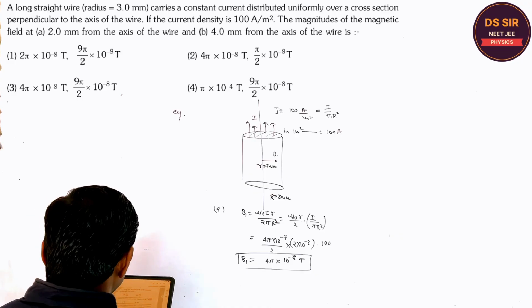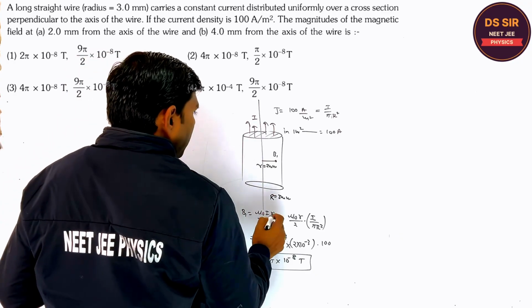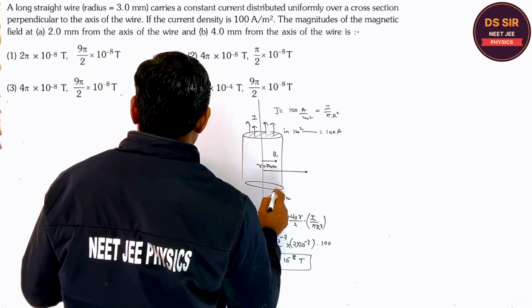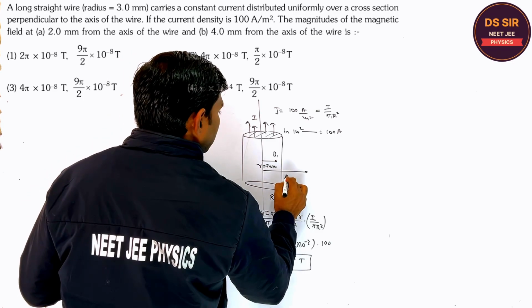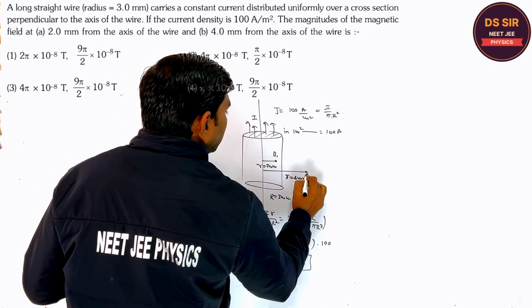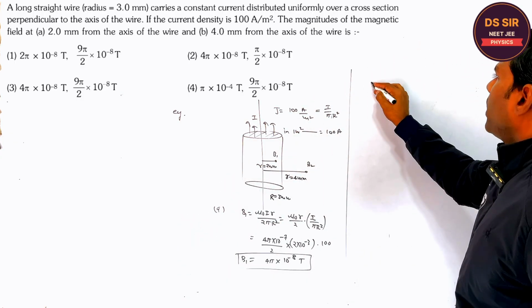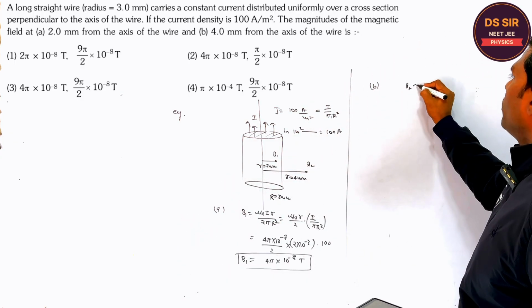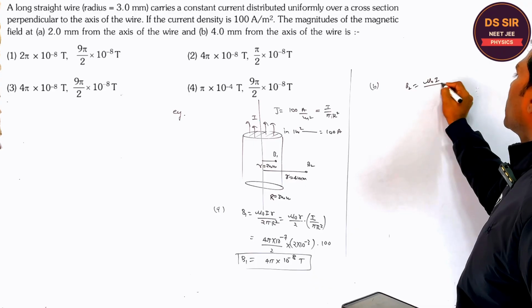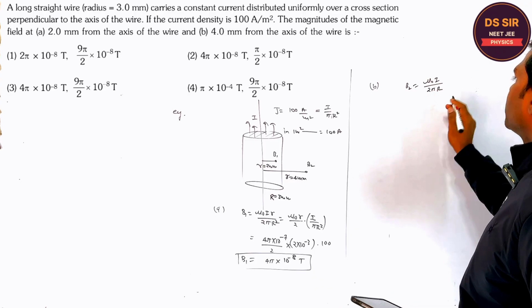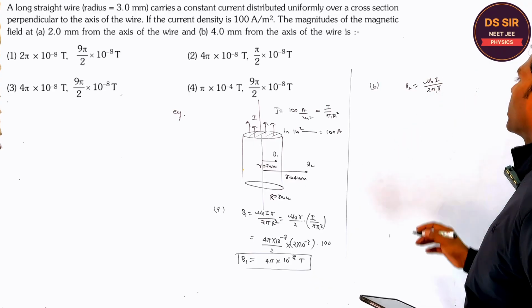All right. And in the B part, they are asking the magnetic field at 4 millimeter. This is 4 millimeter at B2. So in the B part, the formula you will apply is mu naught I upon 2 pi small r.